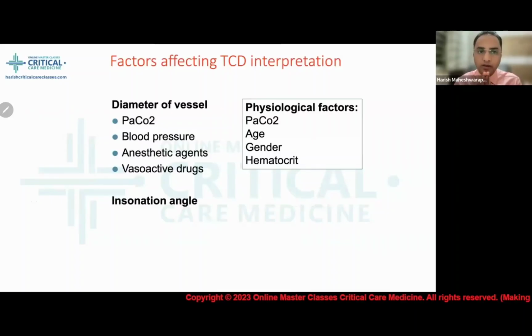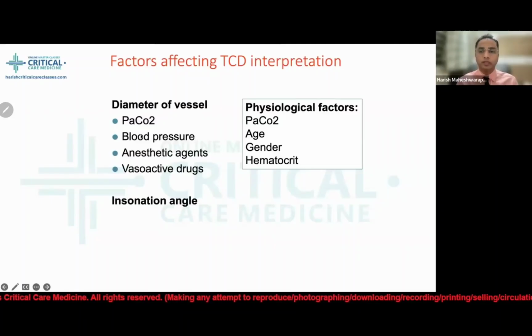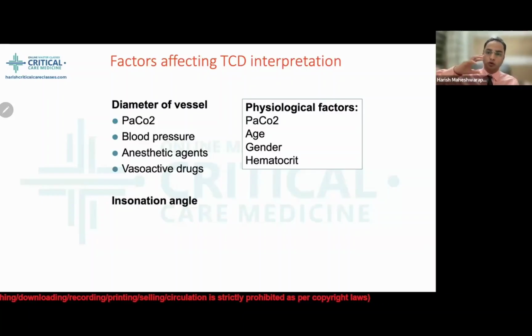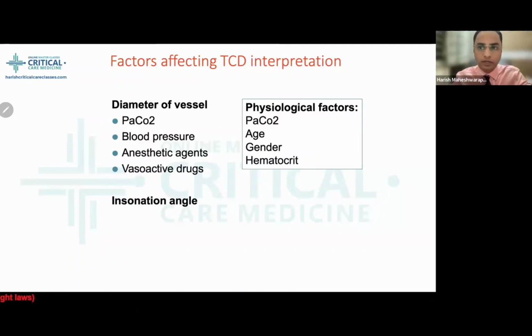We need to understand there are some factors which affect TCD interpretation: the diameter of the vessel; PCO2, the partial pressure of carbon dioxide, because carbon dioxide plays a major role in cerebral vasodilatation or vasoconstriction; the blood pressure of the patient; anesthetic agents, which have some vasodilatory effect; vasoactive drugs; and insonation angle. When we are doing TCD with a regular ultrasound probe, the angle makes a huge difference in image quality and interpretation of that image.